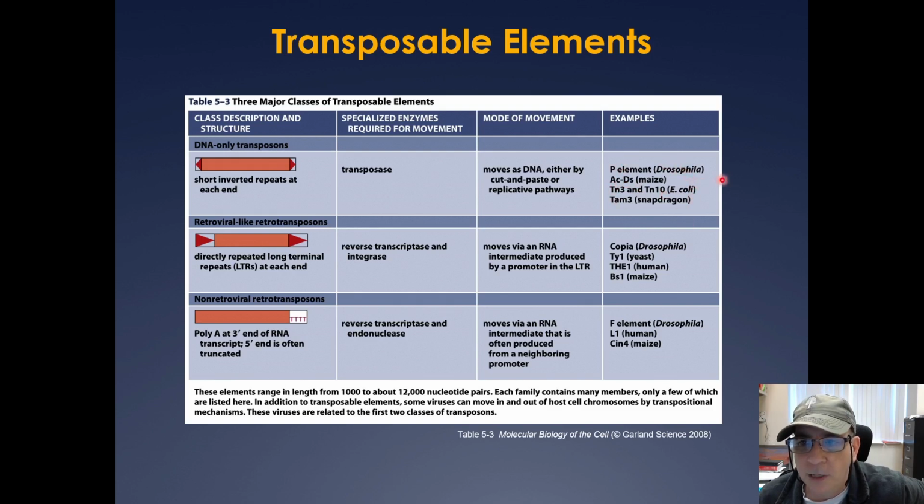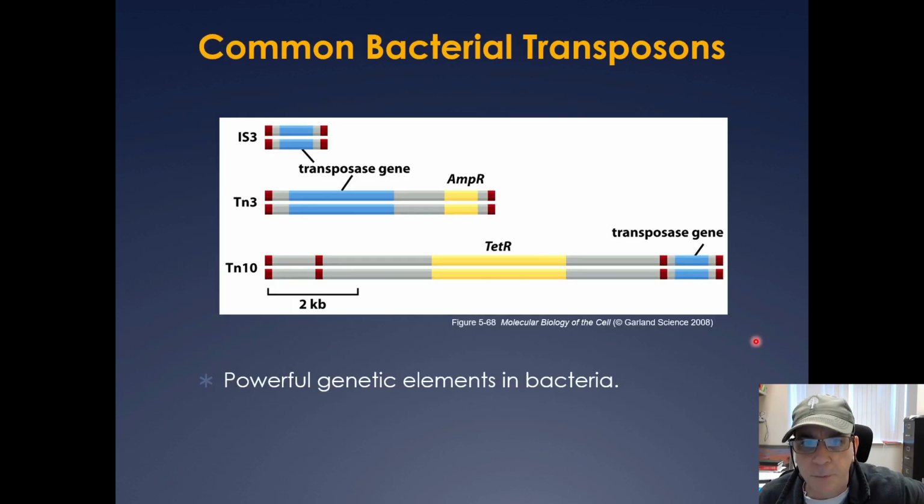They occur in Drosophila, in plants, E. coli, in Snapdragon, which I actually don't know what it is, and then there are retroviral-like transposons that occur in a lot of different organisms. One is TAG in humans, and then there are also non-retroviral retrotransposons like L1 in humans. Okay, so these are very common, and they make up a large portion of our genome.